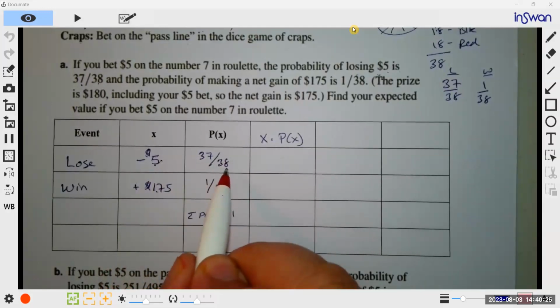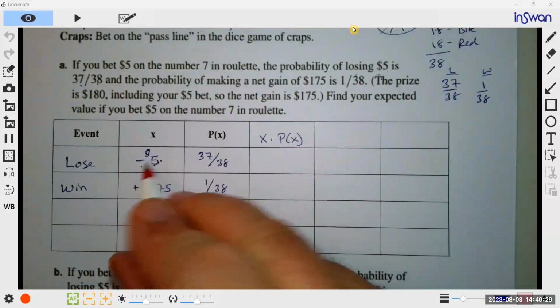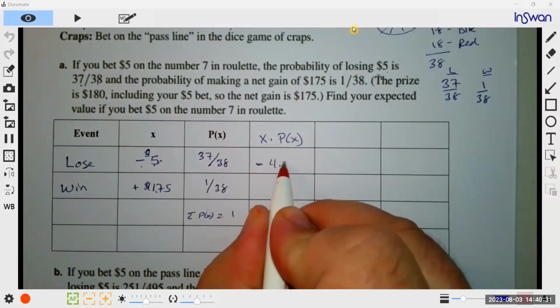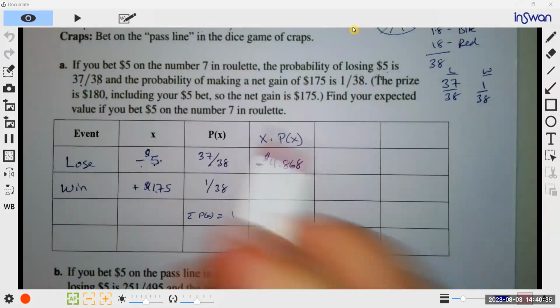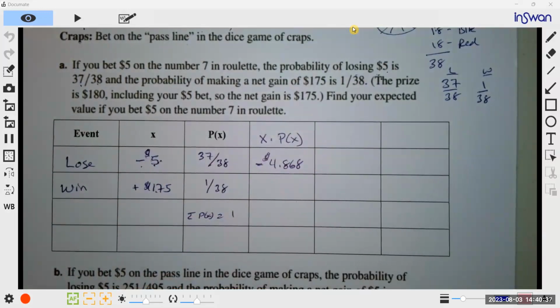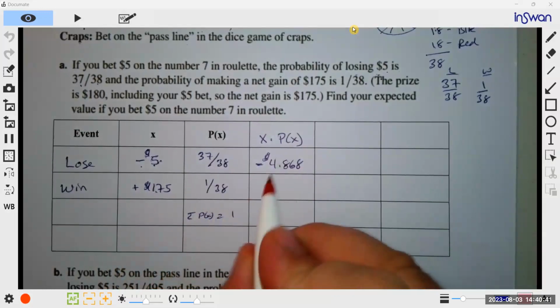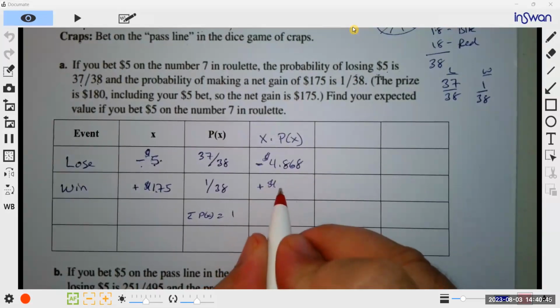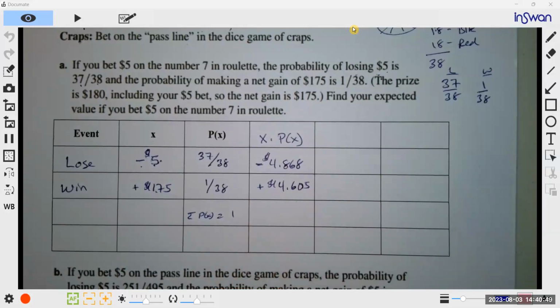So the probability: 5 times 37 over 38, that's negative, it's negative 4.868. Since that's dollars, it's dollars. This one, 175 divided by 38, they're both positives, it's dollars, which is $4.6052.